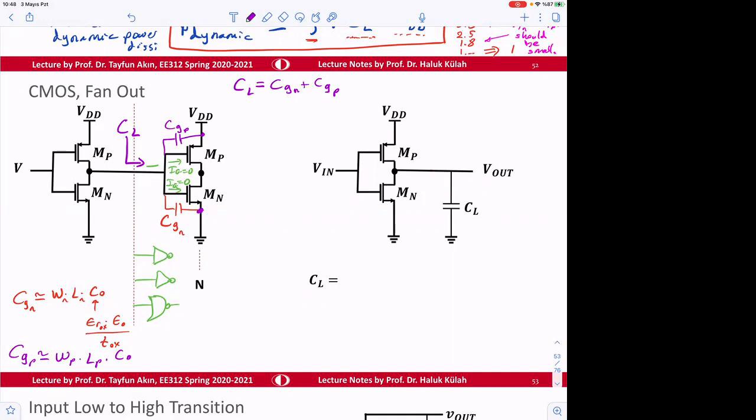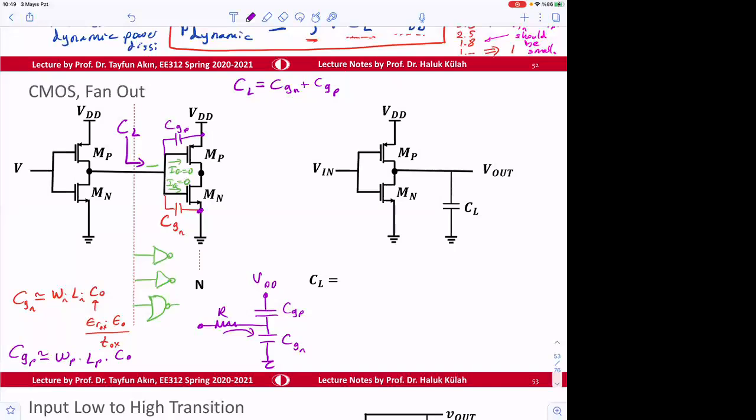Because if you think about the AC analysis, if you want to find the delay here of this kind of circuit, VDD, and C gate of N, C gate of P, and let's say we have a resistor here, okay? So what is the time constant here?